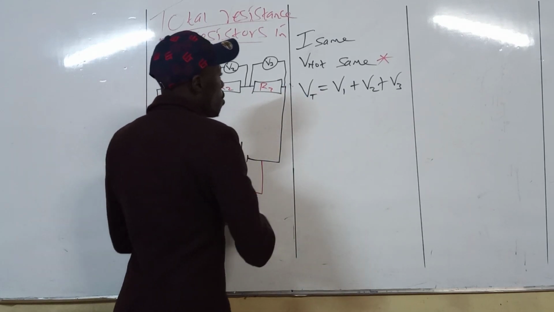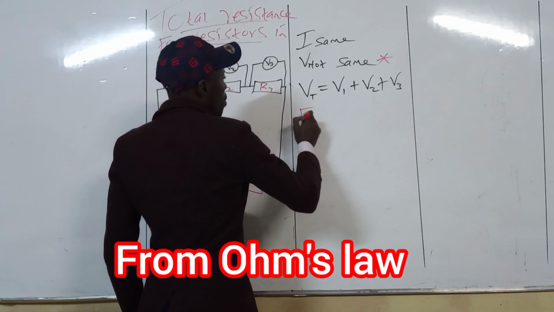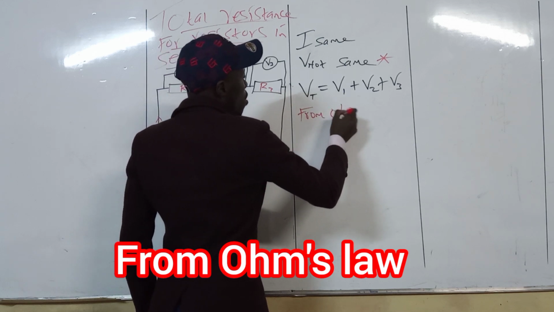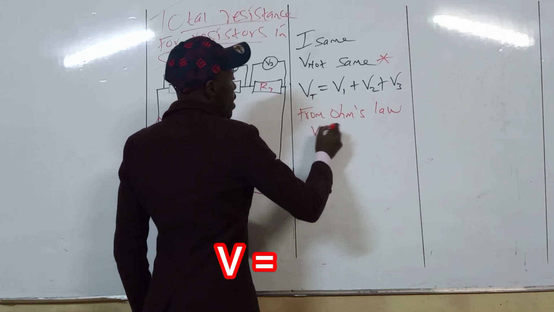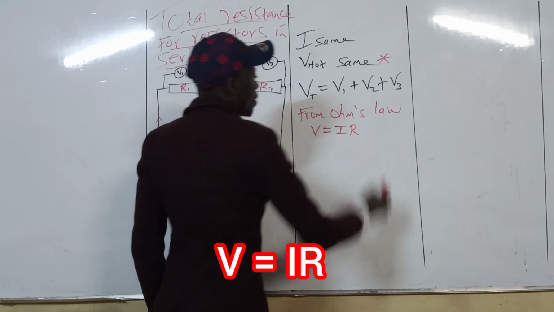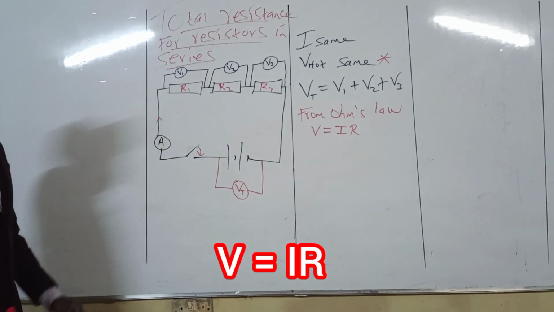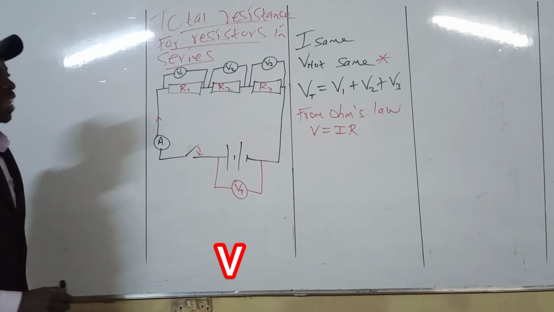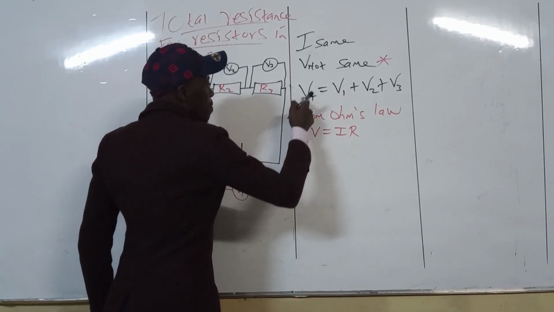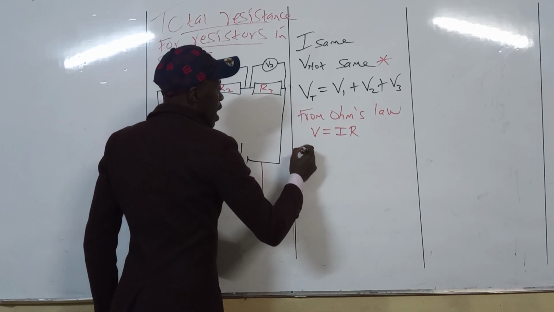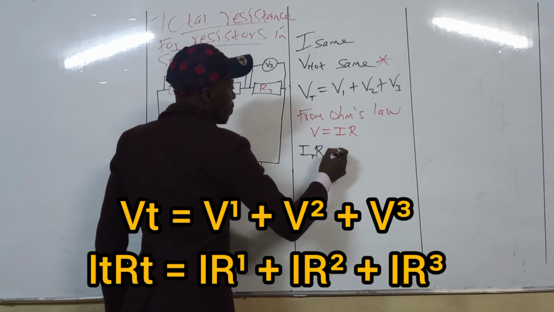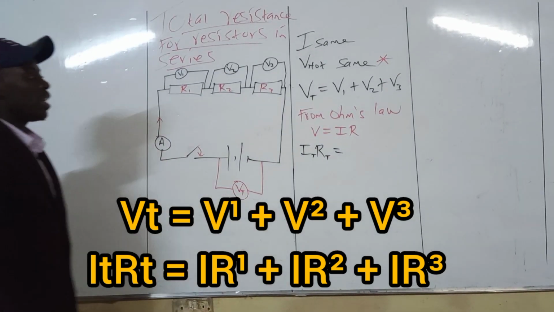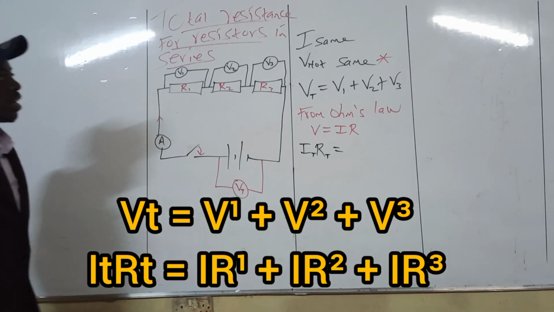And from that, we all know from Ohm's law that V is equal to IR, and that means VT will be IT, that is total current times total resistance.